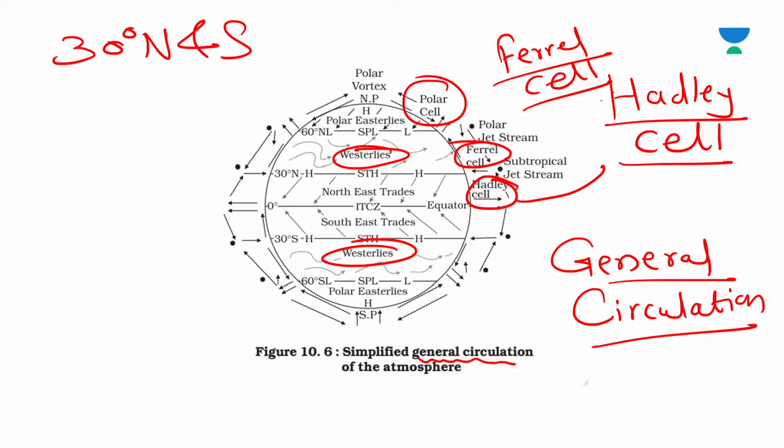So such a sail in the tropics is called Hadley sail. In the middle latitudes, the circulation is of the sinking cold air that comes from the poles and the rising warm air that blows from the subtropical high. So at the surface, these winds are called westerlies and the sail is known as Ferrel sail.